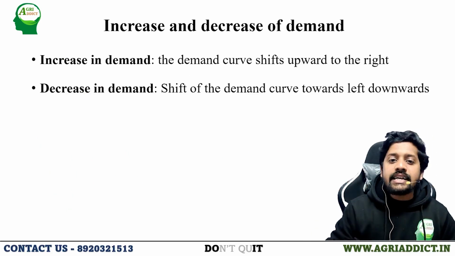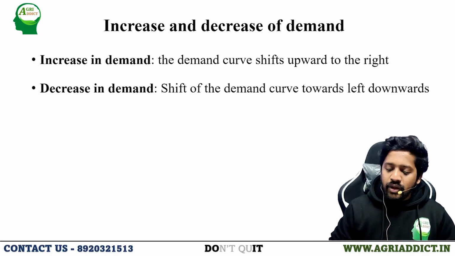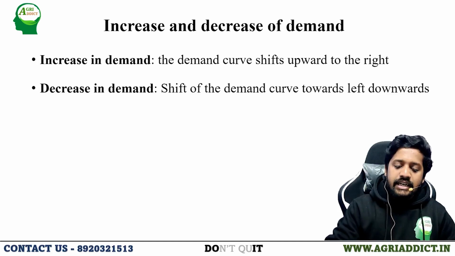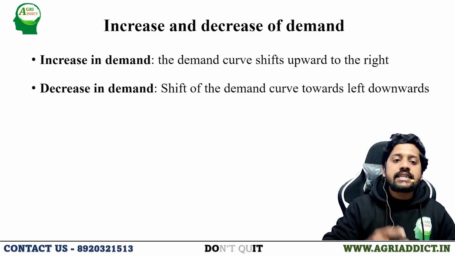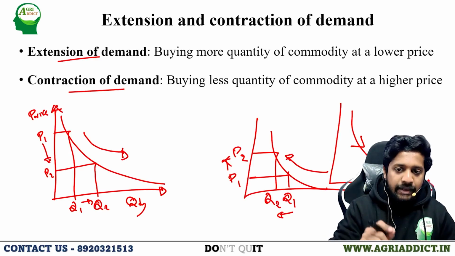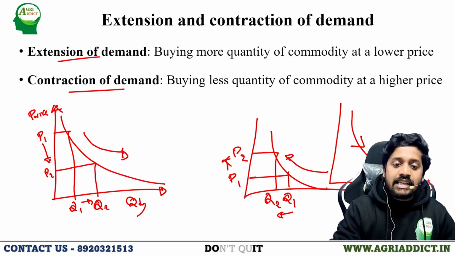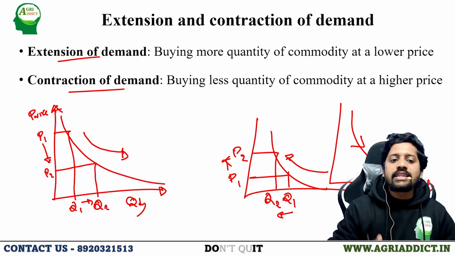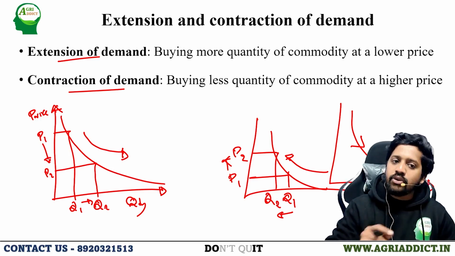There is increase and decrease of demand also. At times we will be confused with the concept of extension, contraction, increase and decrease. Extension and increase are not the same. Extension and contraction happen only when the law of demand works, that is when the price of the same commodity decreases or increases, the quantity also increases or decreases respectively.